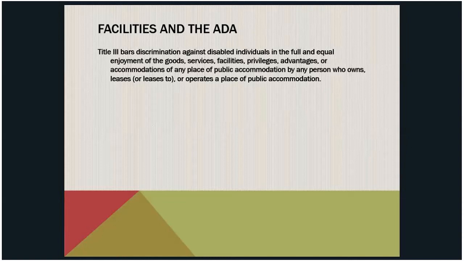We're going to look at disabled individuals and the ADA moving forward, but we need to look at it in terms of facility. Title III of the ADA bars discrimination against disabled individuals in the full and equal enjoyment of facilities in any place of public accommodation.